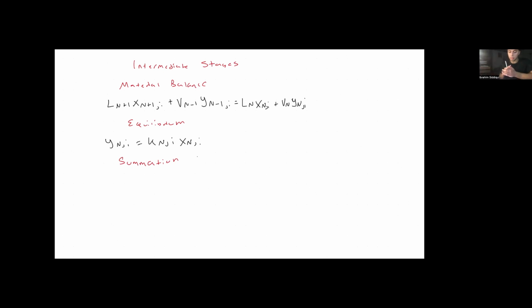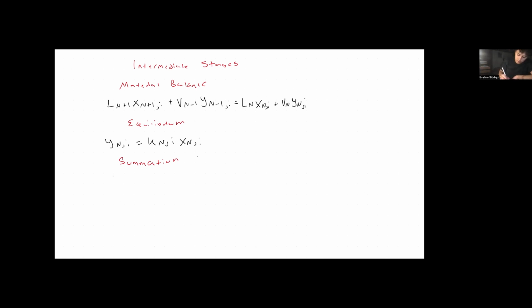Again, we're either looking at a reboiler, top stage, intermediates, whatever it is, that's really what will differ specifically with our summation. Because even for our material balances, we're always working with our liquid and vapor, but it's always a different equation because it depends on what's coming into this stage and leaving this stage, right? But the summation is quite similar.